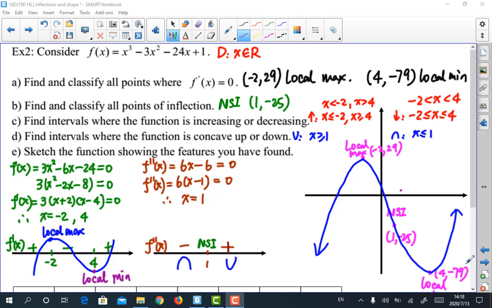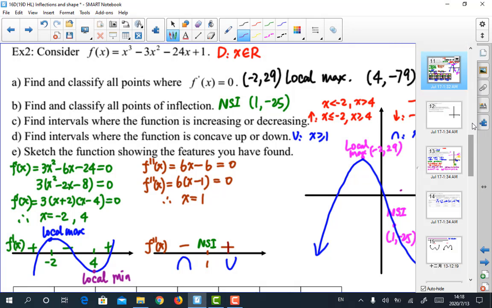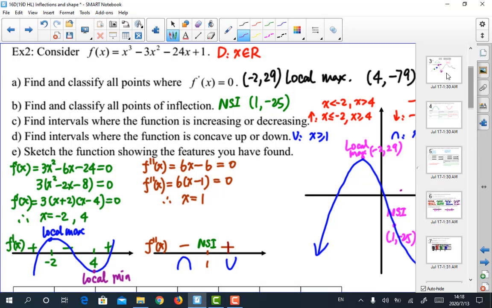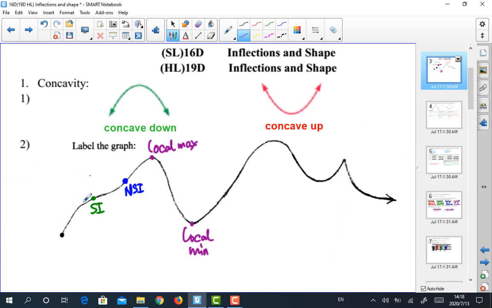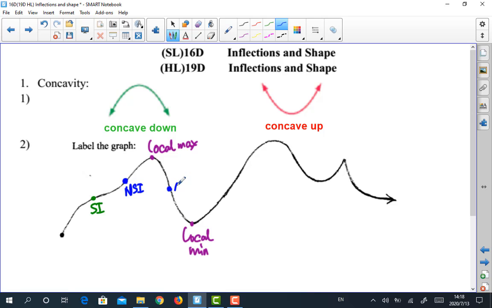After we finish this example, let's go back to the beginning of this lesson to review one concept. So we labeled this point as the stationary inflection and this point as the non-stationary inflection. And this is also the non-stationary inflection.